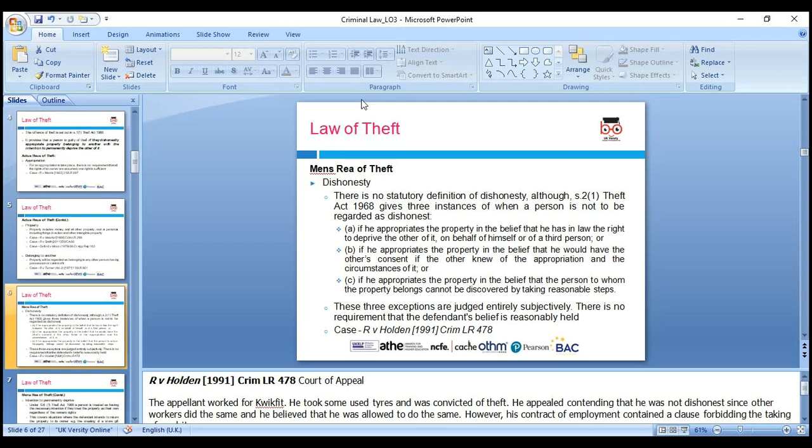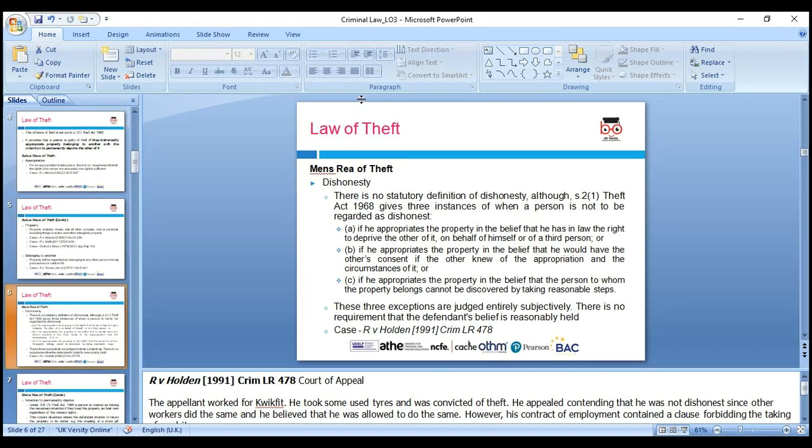If he appropriates the property in the belief that he has in law the right to deprive the other of it, on behalf of himself or a third person; if he appropriates the property in the belief that he would have the other's consent if the other knew of the appropriation and its circumstances; and if he appropriates the property in the belief that the person to whom the property belongs cannot be discovered by taking reasonable steps. These exceptions are judged entirely subjectively. There is no requirement that the defendant's belief be reasonably held.